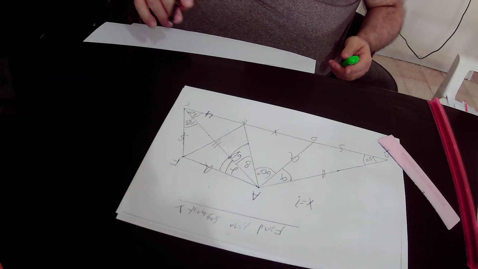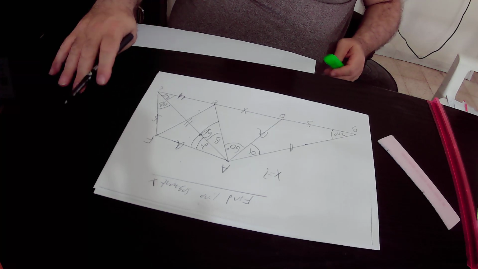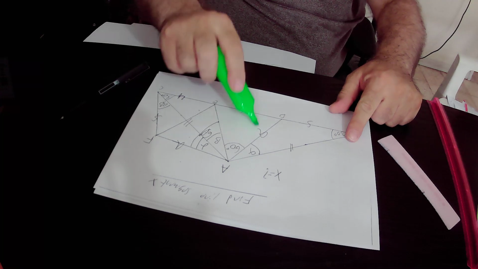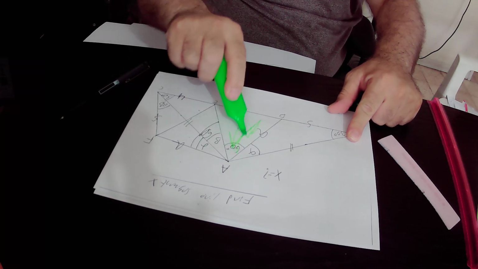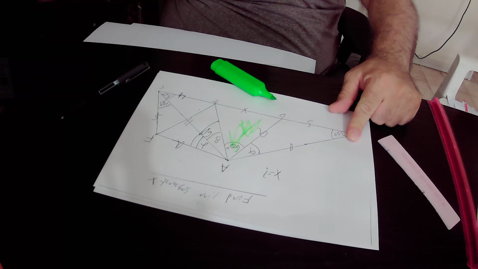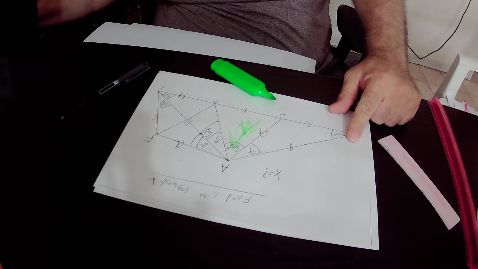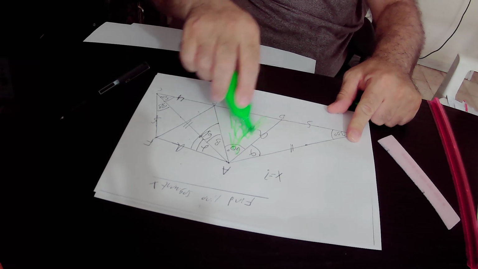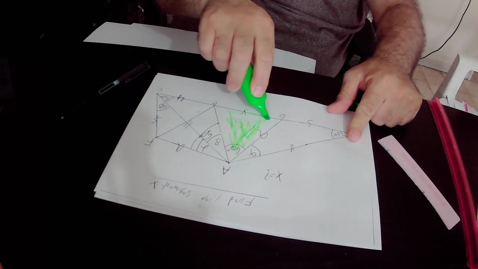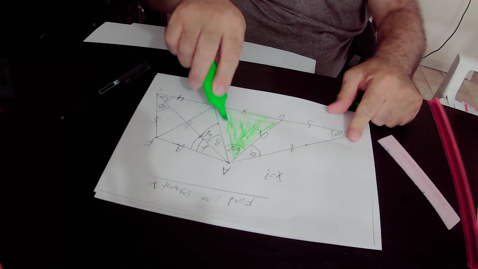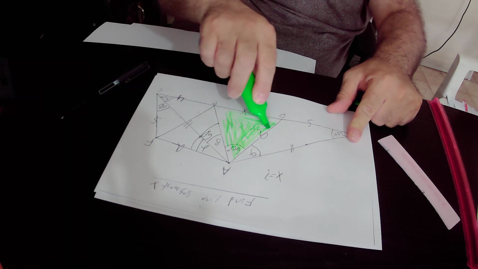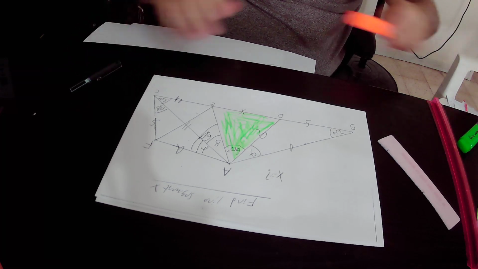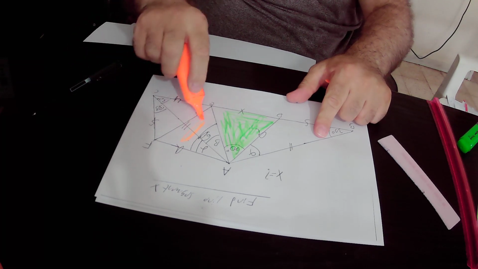So in the next step, we'll prove that the green triangle ADE is congruent to the orange triangle AEF.